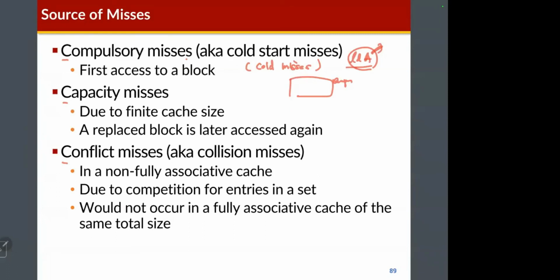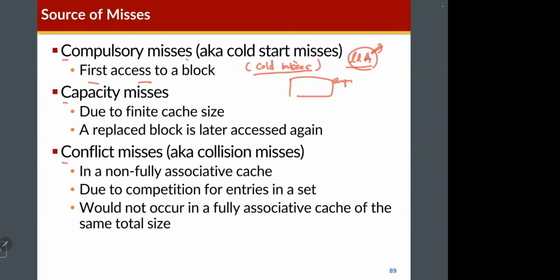It's obvious. This type of miss is called a compulsory miss or cold miss. When a block is first accessed, it is obviously a miss, and this miss is called the compulsory miss.